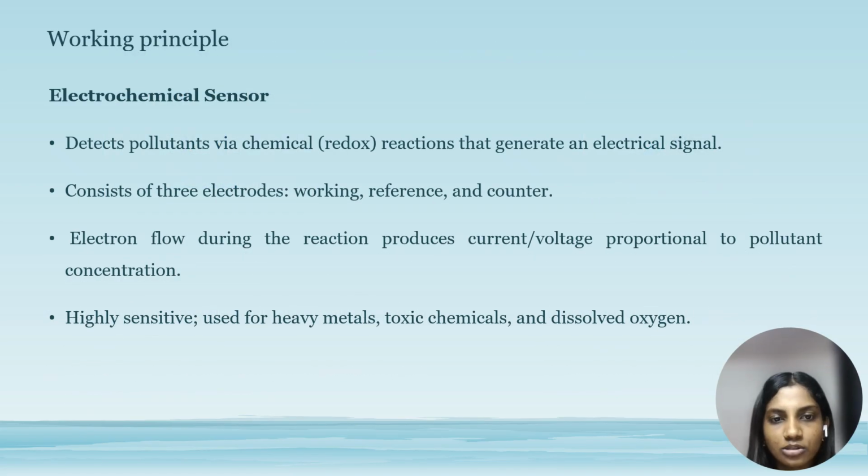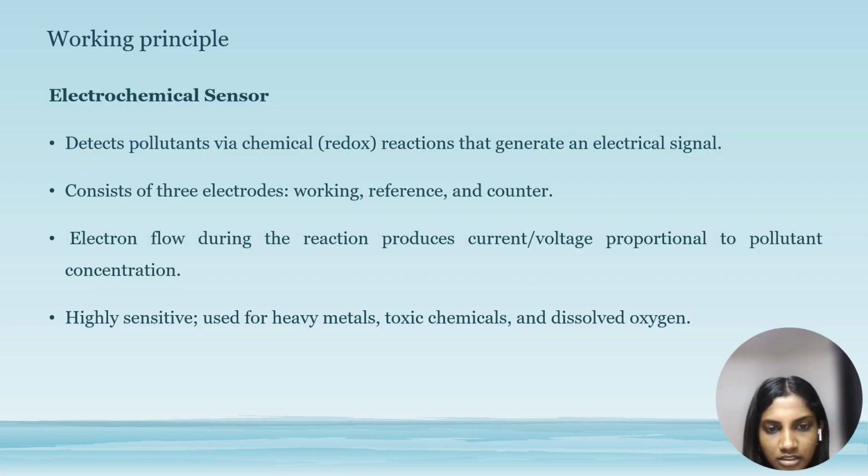Okay, then next let's look at the working principle of electrochemical sensor. This sensor detects pollutant through chemical reactions, specifically redox reaction, which generates an electrical signal. An electrochemical sensor typically consists of three electrodes: the working electrode, the reference electrode, and the counter electrode.